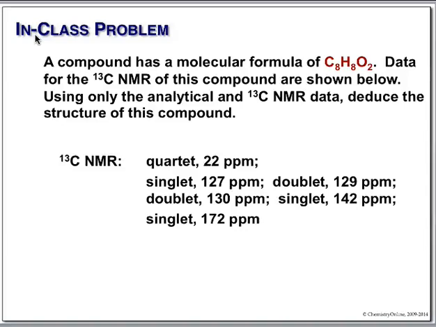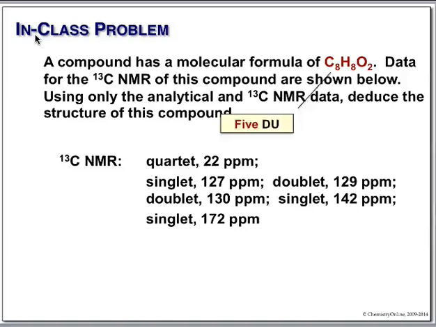First thing you want to do, of course, is to look at the formula. How many degrees of unsaturation do we have? We ignore the oxygen. We would have 5 DU.